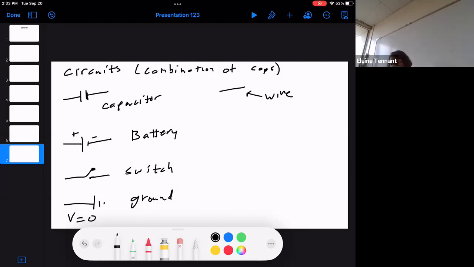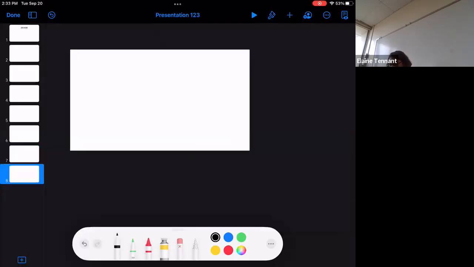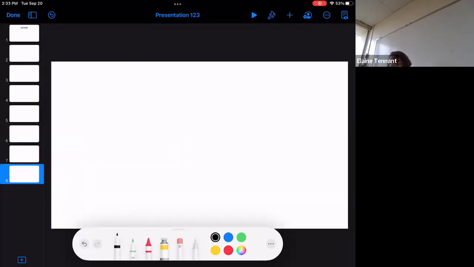Okay, given that, there are basically two different ways that you can combine these elements. You can combine them in parallel, or you can combine them in series. These are exactly what they sound like. If you are in series, you might have capacitor 1, and then right after it, capacitor 2.